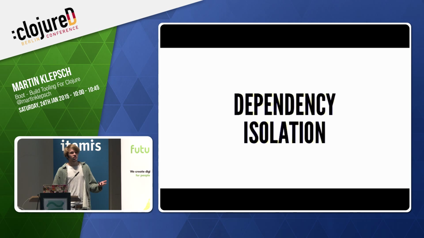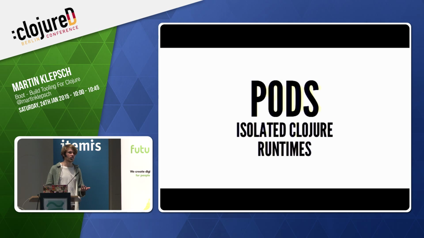This is not what should be a problem. And in Boot, there's a concept called pods, and pods are basically a solution for the problems that arise from running all the build steps in one JVM.